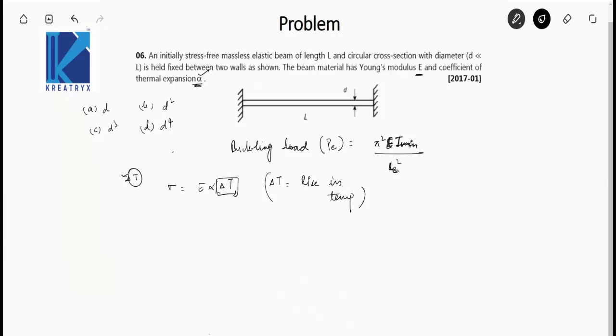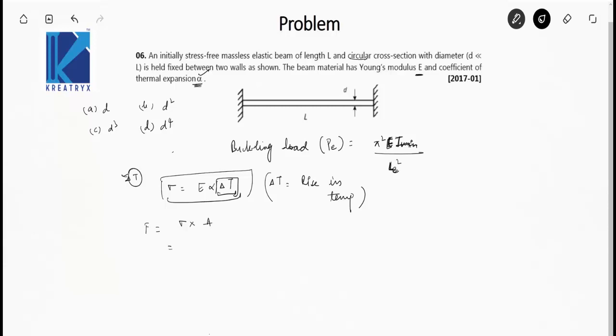And can I find the force from this expression? Yes, because the force in this rod due to rise in temperature will be equal to sigma into the area of cross section of the circular rod.